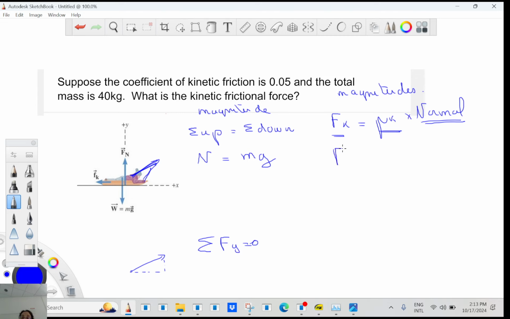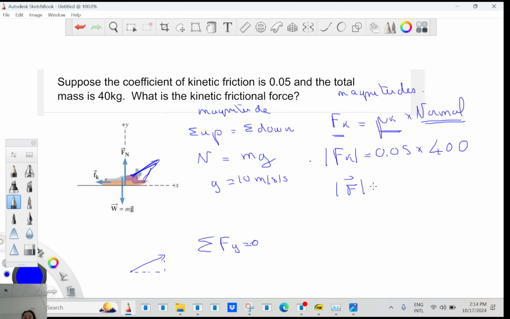So anyway, in that case, kinetic friction will be 0.05 times the weight, it's going to be, very good, 400. And we suppose that g is 10, because if I take 9.8, it's easier to take 10. So it's going to be, in magnitude, okay, I can put absolute value symbols to make sure it's a magnitude.